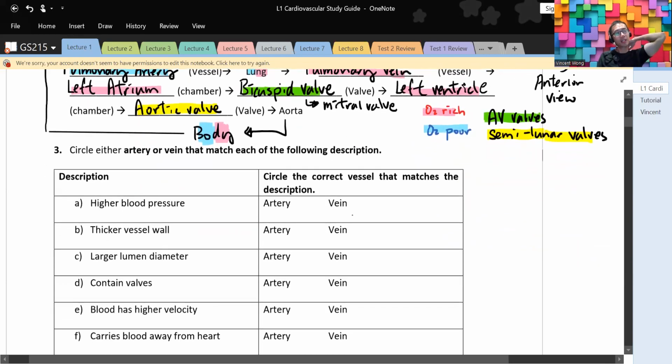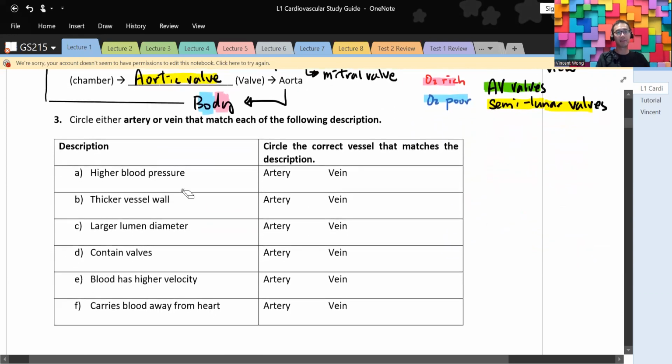We have a chart here that talks about various characteristics, and we want to know whether we're talking about the artery or the vein. So first thing here, higher blood pressure. Does artery have higher blood pressure or does vein have higher blood pressure? Well, the arteries are going to be closer to the heart, right?